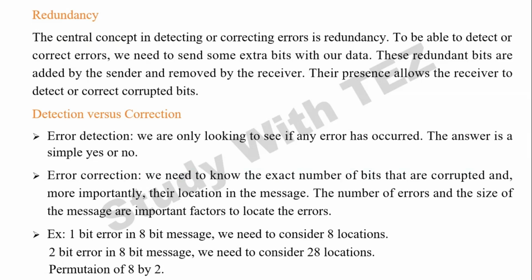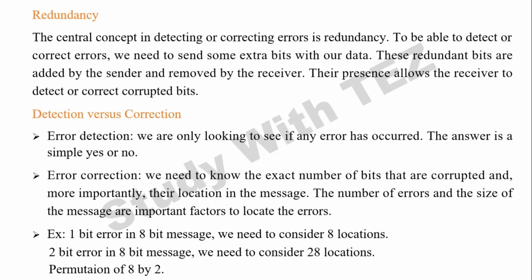The number of errors and the size of the message are two important factors to locate the errors. For example, if a one-bit error is induced in an 8-bit message, then we need to consider 8 locations. Every location is considered and we check whether the error has occurred or not.